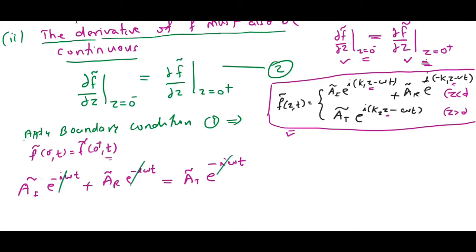Okay, the remaining terms are A_i plus A_r equals A_t. This is equation number 3.